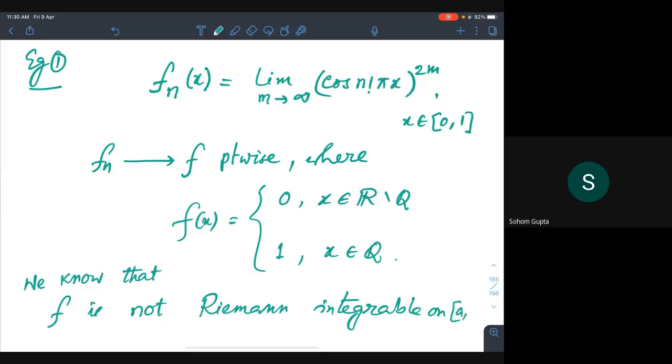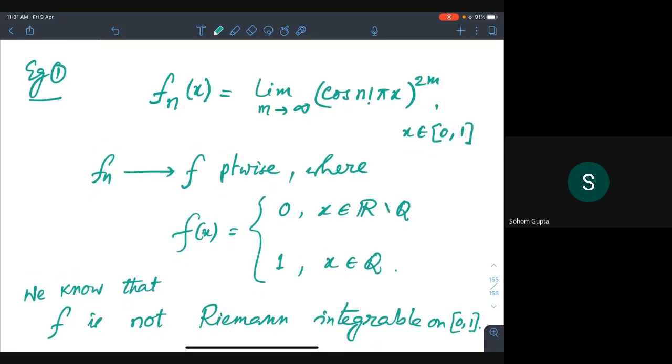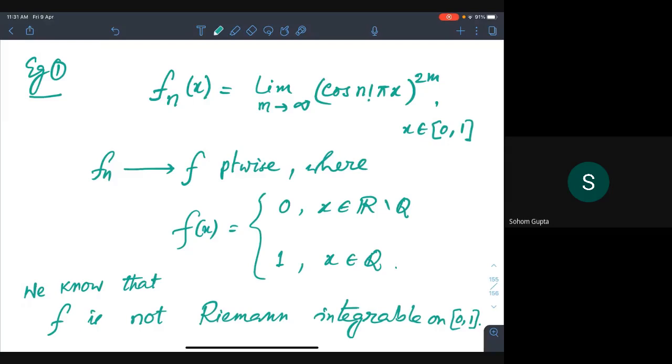What do you think? Is Fn Riemann integrable? The point is, how do you know a function is Riemann integrable? First thing is you need to see whether the function is continuous.